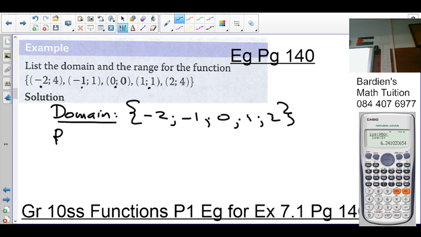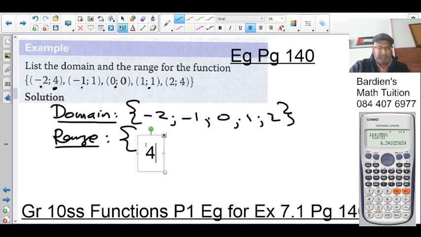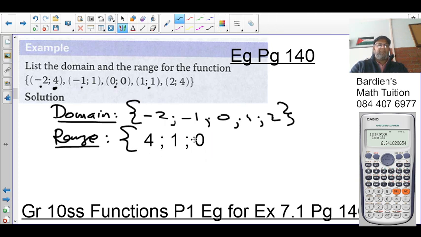Let's look at the range. Range is all possible y values. So it is 4. Okay, relax, we have load shedding now, so it will be 4. Just hang on. 4, 1, and 0. As you can see, we have accounted for 1 already, and we have accounted for 4 already.